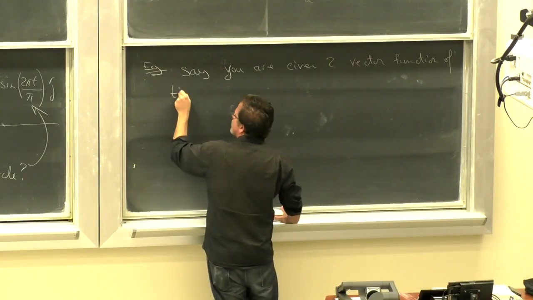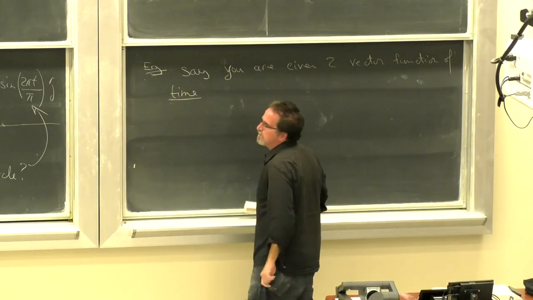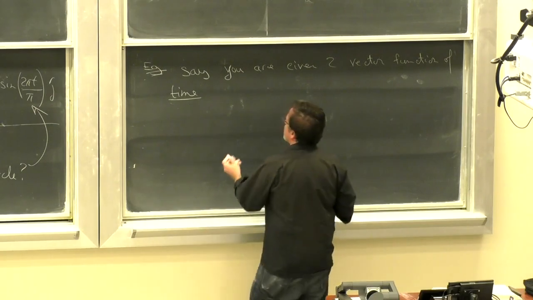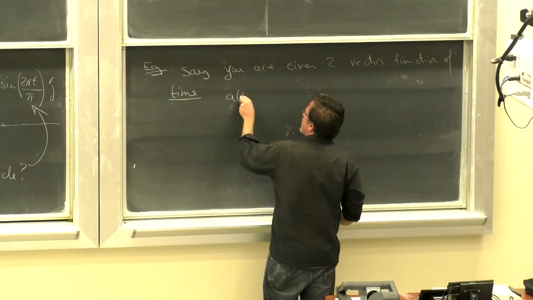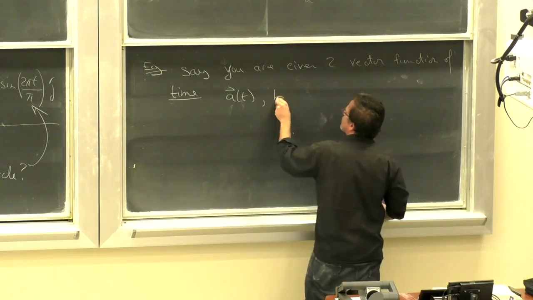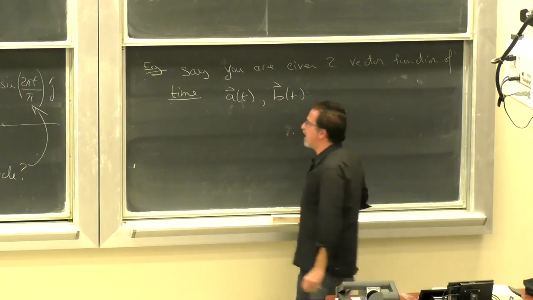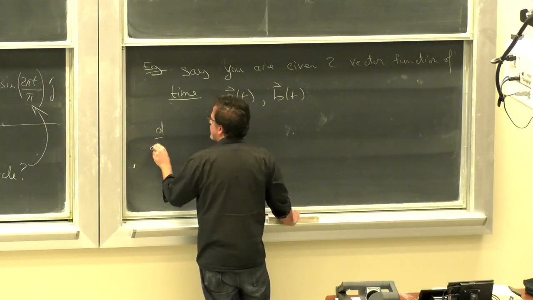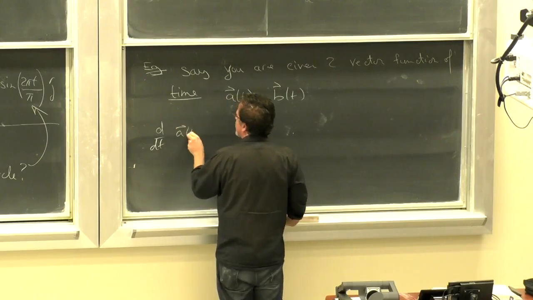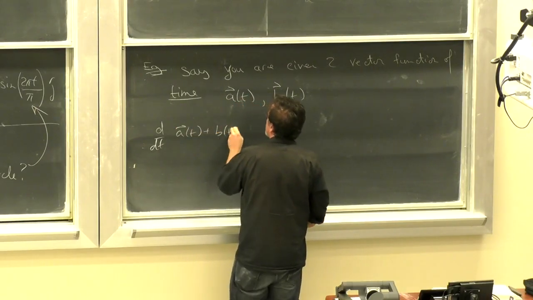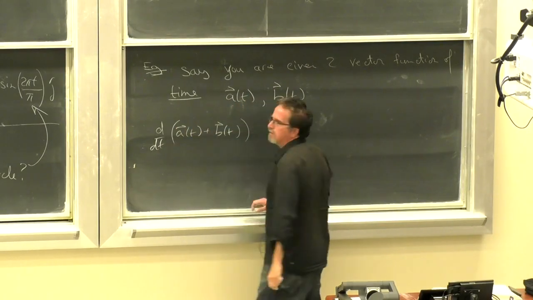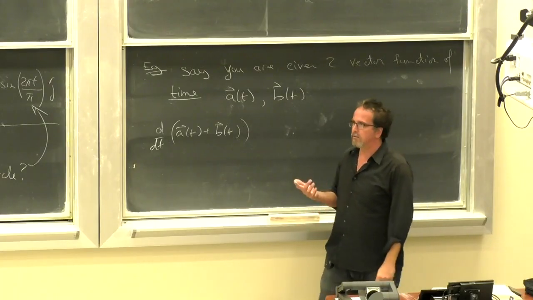Okay? So now they don't have to be position vectors. They're just, let's say, A of t and B of t. These are just two vector functions of time. How would you calculate d by dt of A of t plus B of t? Well, you can do two things.